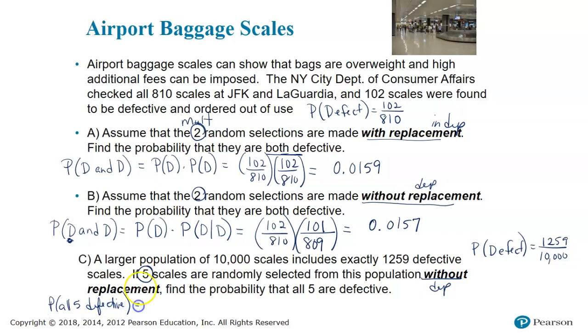So if I'm going to treat this as a true dependent problem, I'm going to start out with the 1259 out of 10,000. And then I'm going to have to go 1258 out of 9,999, because there's one less defect and one less total to select from.